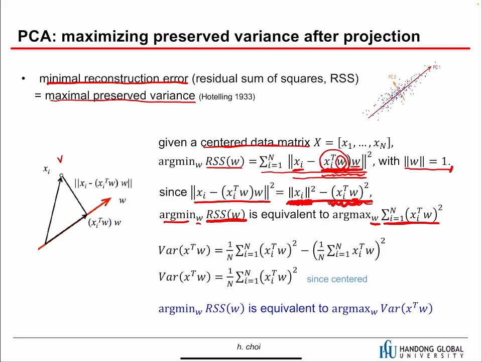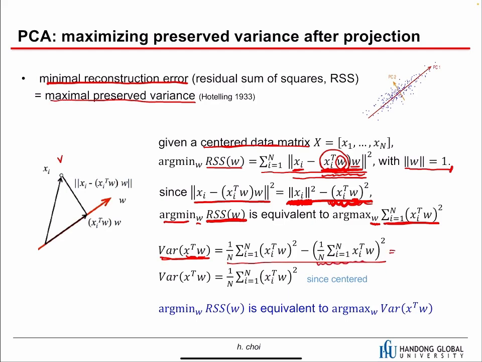Okay, and then when we derive this, the variance of this one means the preserved variance. After projection, what is the variance? When we calculate this variance after projection, we get this one. This one is just the definition of a variance. And look at this one.